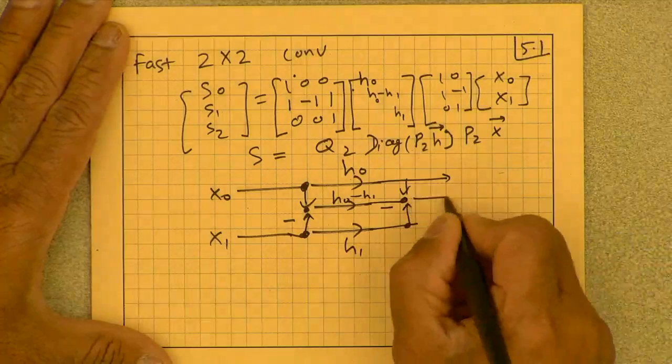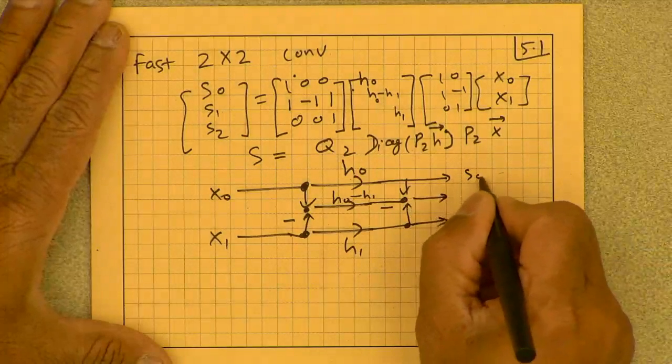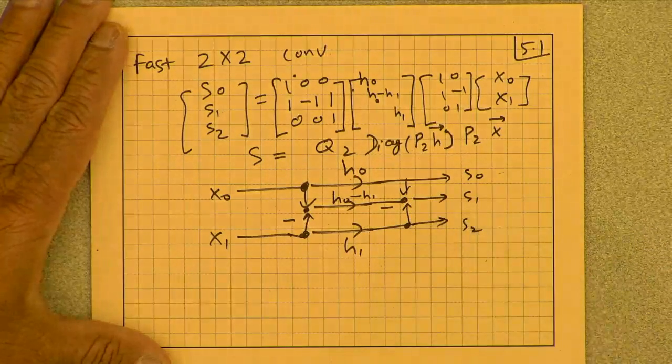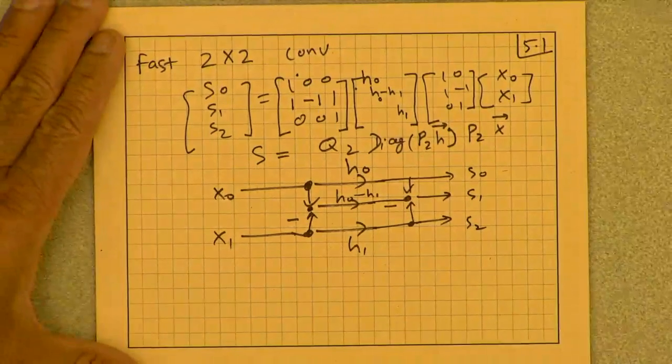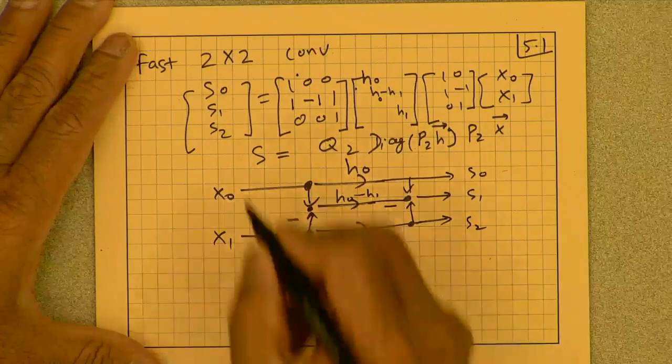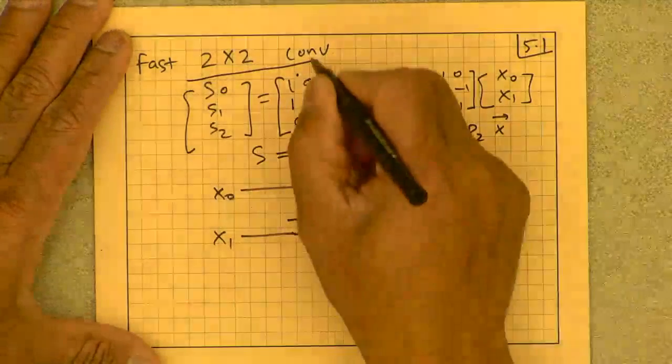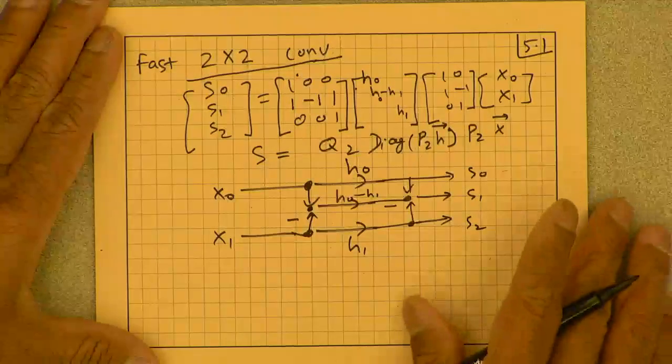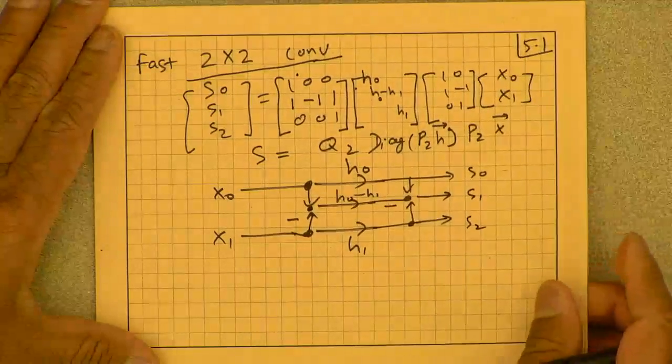So that is the result, S0, S1, S2. So we are given that 2 by 2 convolution algorithm, and we are also given a 3 by 2 convolution algorithm.